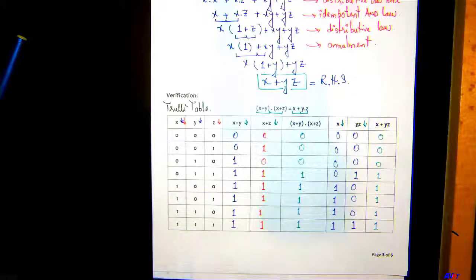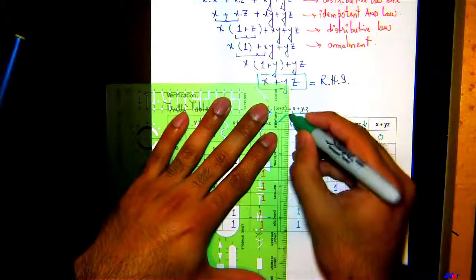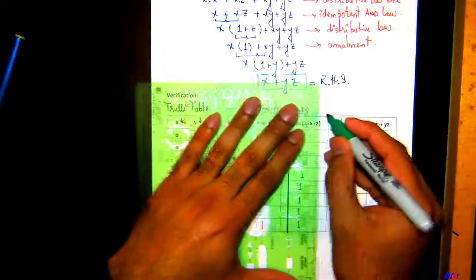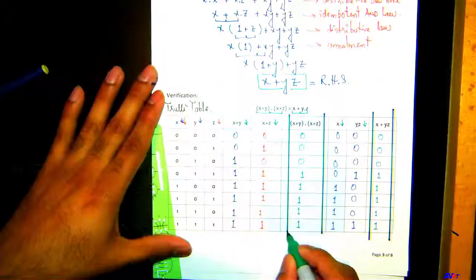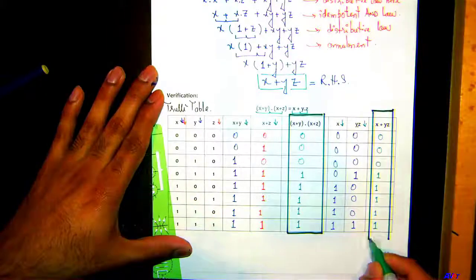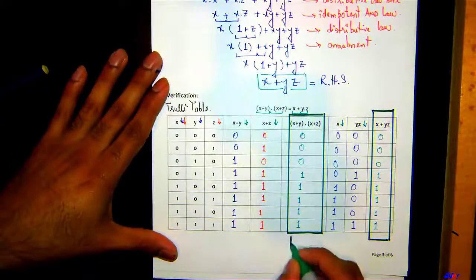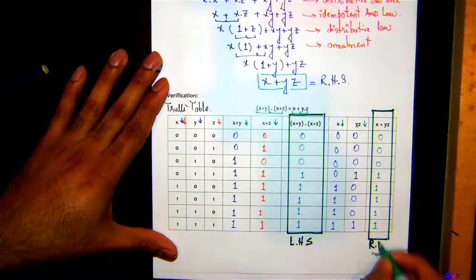So if you notice here, your left hand side is actually equal to your right hand side.